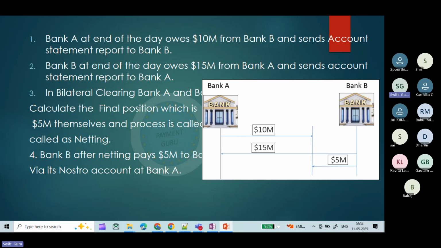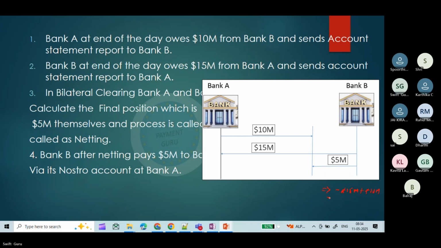From Bank B's point of view, what will be its bilateral clearing? The outward request which it has sent out was 15 million, right? So it is minus 15 million. And the incoming request which they received was 10 million, which they helped the respective Bank A to settle down. So that becomes plus 10 million.